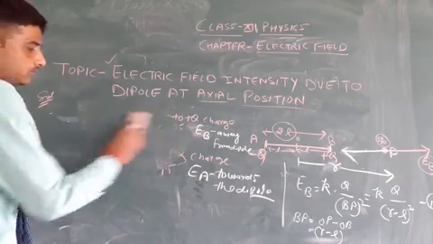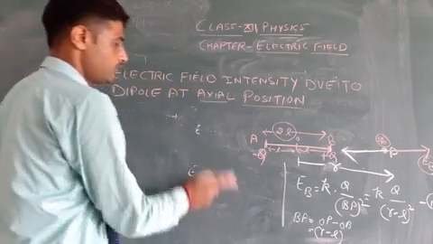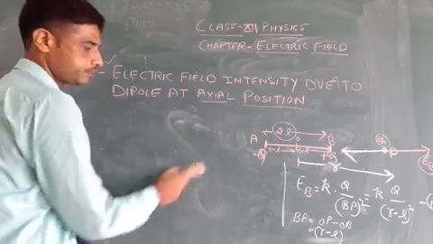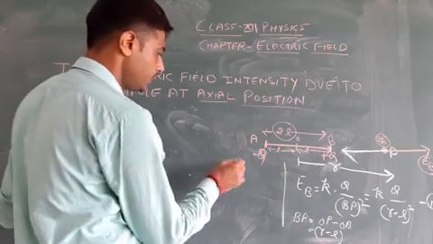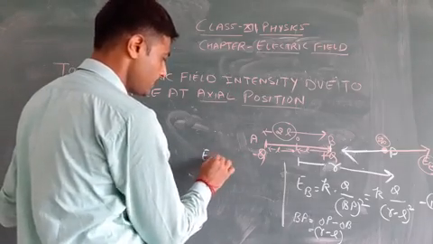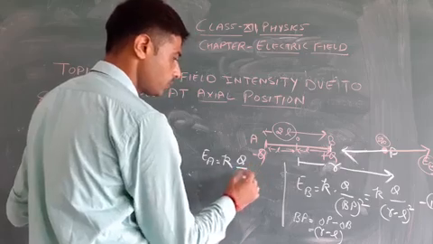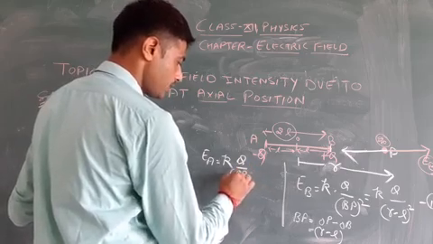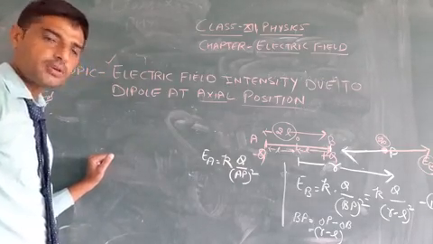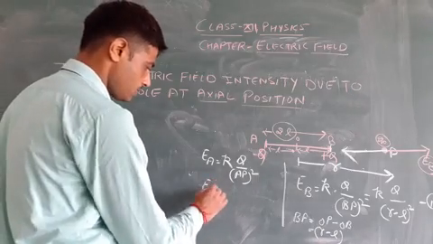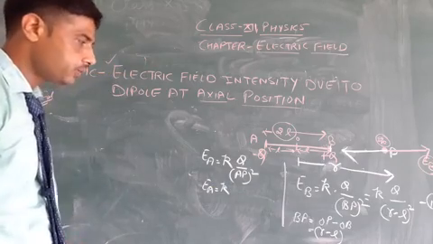Now we have to find the value of EA. So EA equals K Q upon AP square. What is the value of AP?